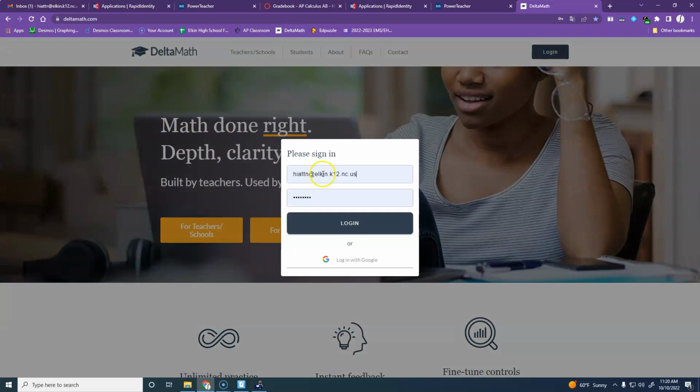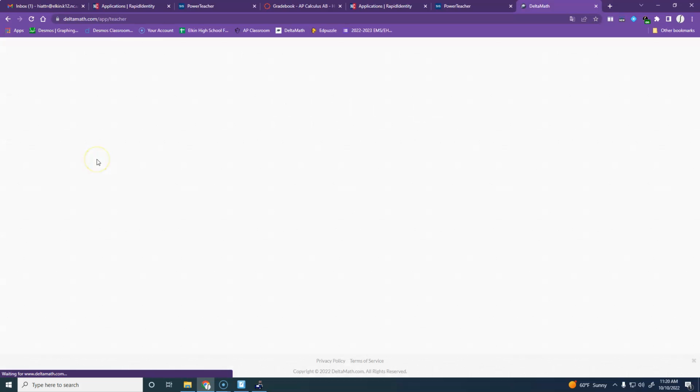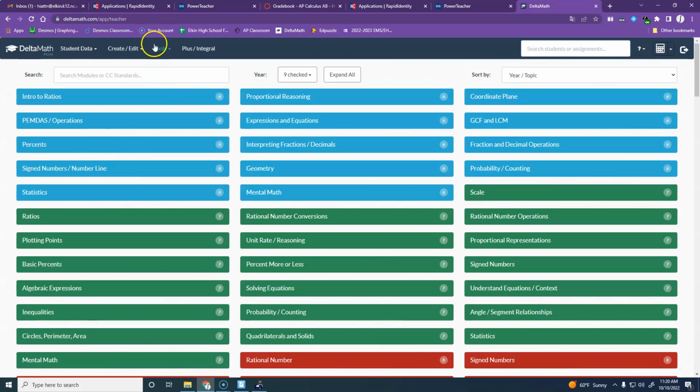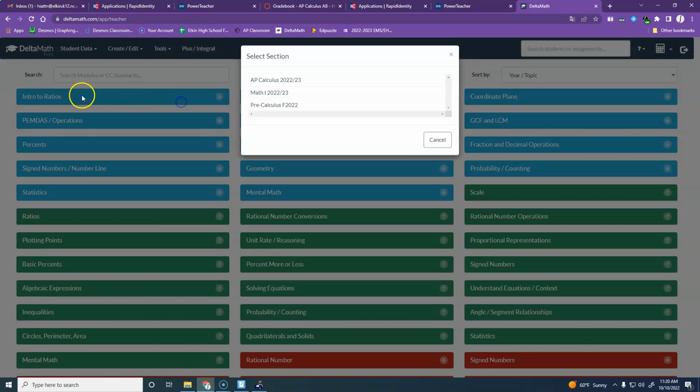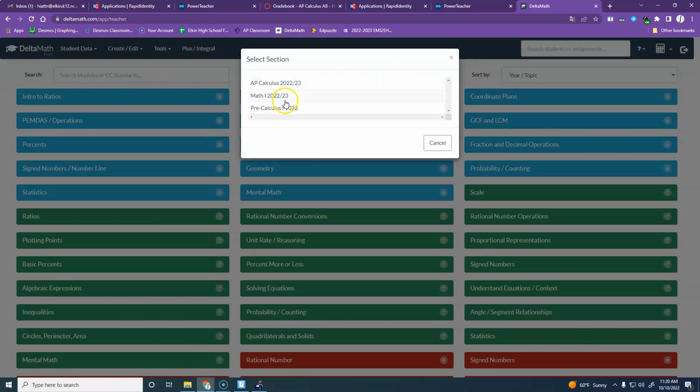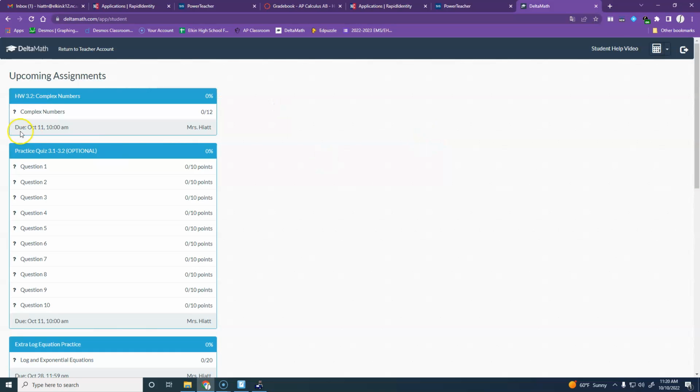But if you have at least 30 minutes of work, I'll give you the credit for it. All right, so this is the homework, your complex numbers homework. I only have you doing 12 problems. I think you should be able to get that done pretty quickly. But if you feel like you need extra practice, do some more problems. It will let you do more than 12, okay?